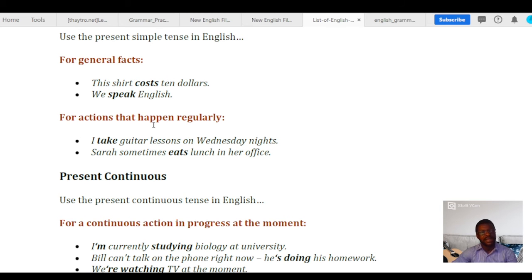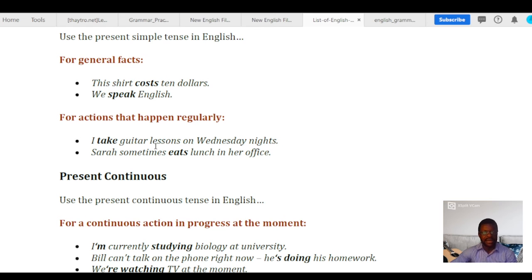So these are repeated actions. If you usually go out to play table tennis or go to the gym, play football or baseball or basketball or lawn tennis, these are activities that you do. So we use it to talk about repeated actions or actions that happen regularly.